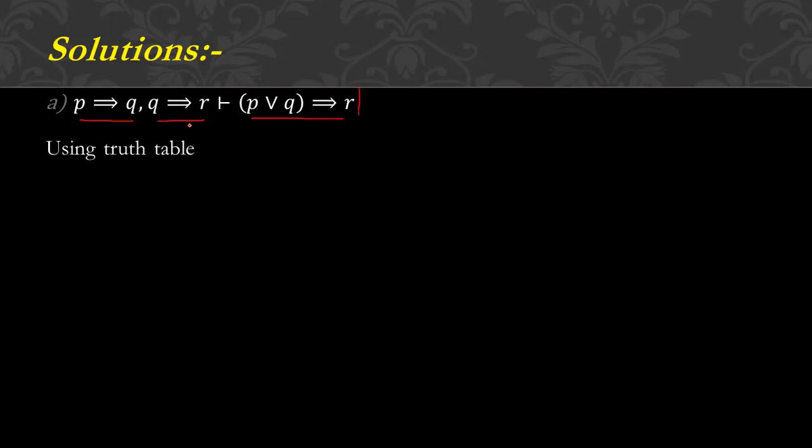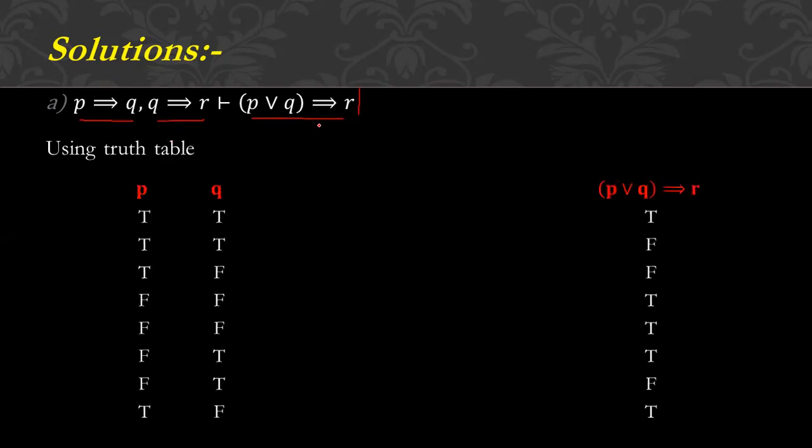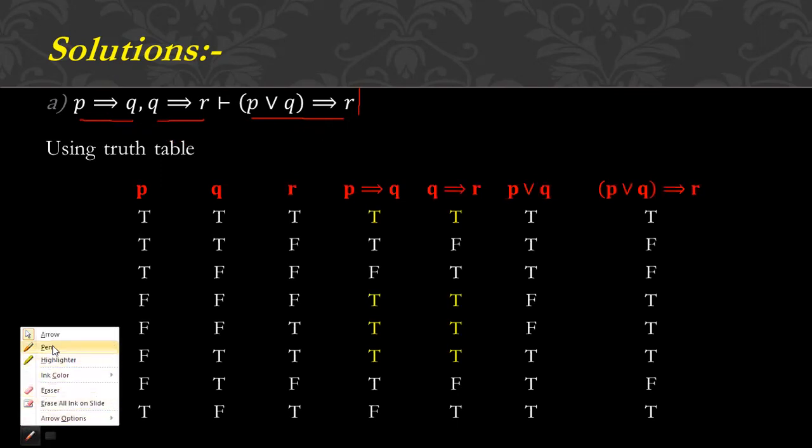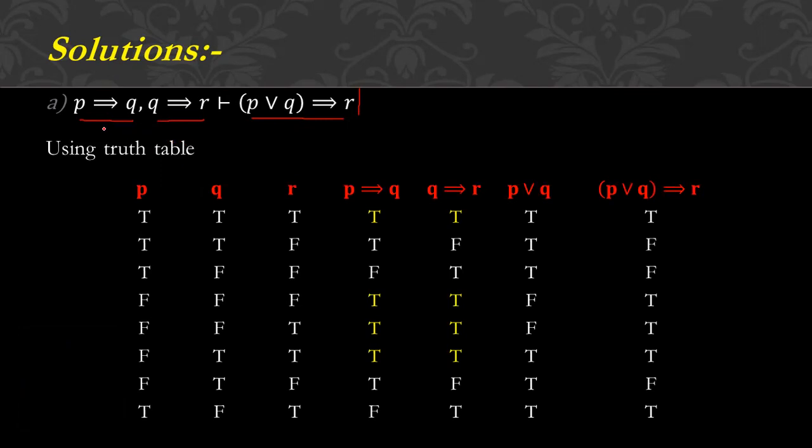Then after differentiating the premises and the conclusion, the next step is preparing a table which contains the truth values of the premises and the conclusion of this argument. The table looks like this one. Because we have three simple statements, P, Q and R, the truth table will contain 8 combinations, that is 8 rows.